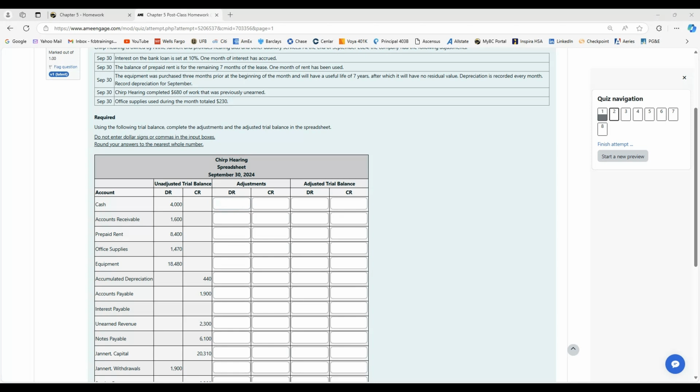Okay, so we've got Chirp Hearing is owned by Annie Janner and provides hearing aids and other auditory services. Let me show you my Excel while I'm doing this, and then we'll come back to the homework spreadsheet, so I can show you how to calculate these out in a little more detail. So let's do that now.